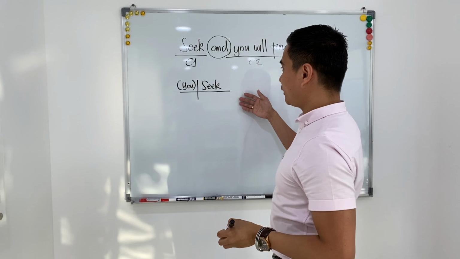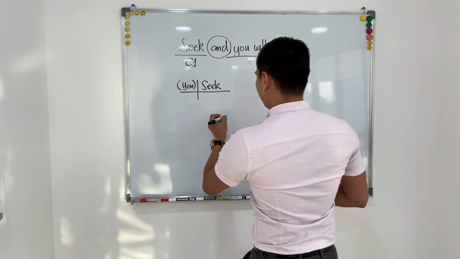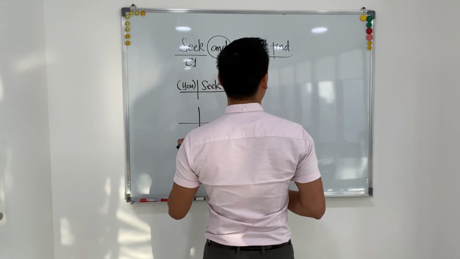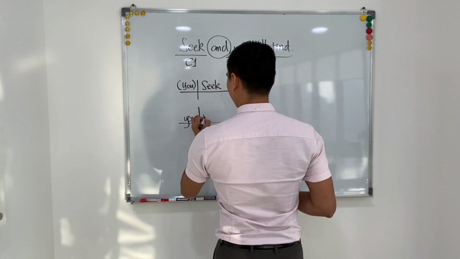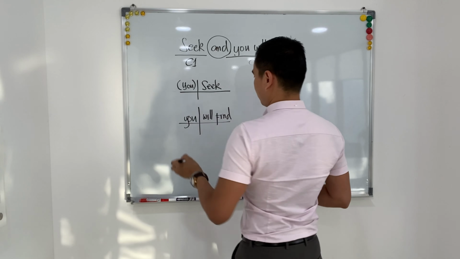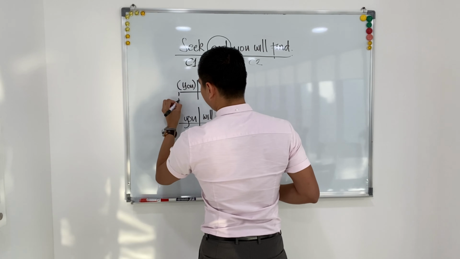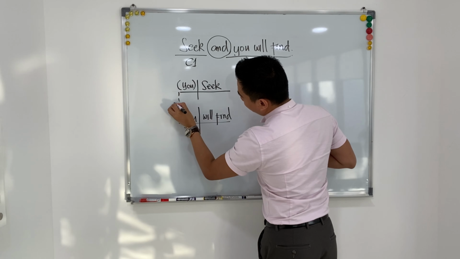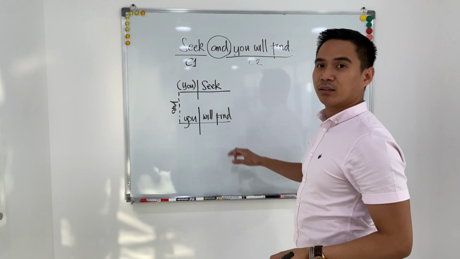So we have a complete clause, you seek, and right below we diagram the second clause, you, and will find is the verb, and they are connected by the correlative conjunction and. Seek and you will find.